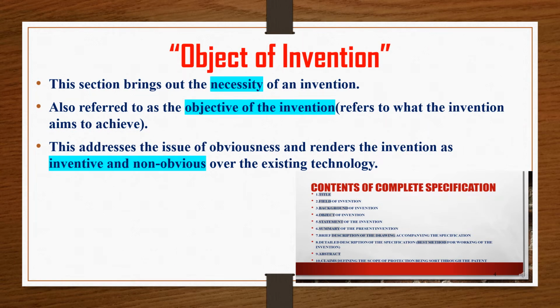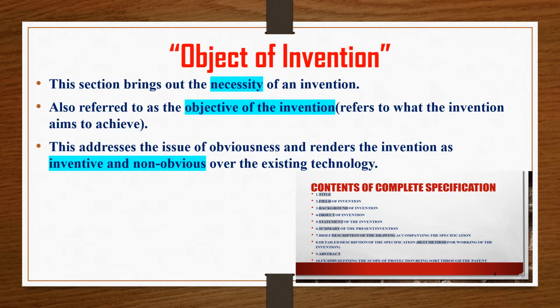Friends, now let us look into the next content of the complete specification, that is object of invention. Fine. Okay. First point is this section brings out the necessity of an invention. Okay. Next point is it is also referred to as the objective of the invention. That is, it refers to what the invention aims to achieve. Fine.